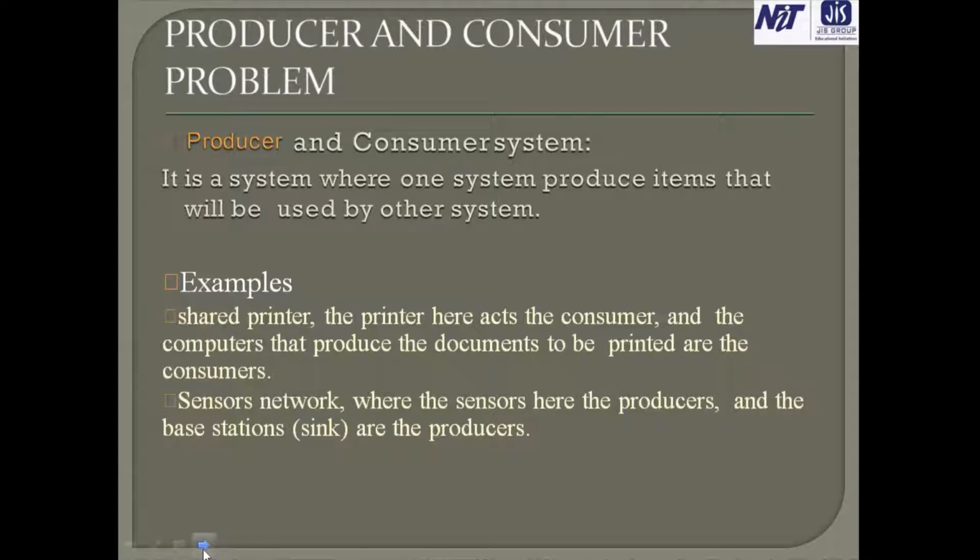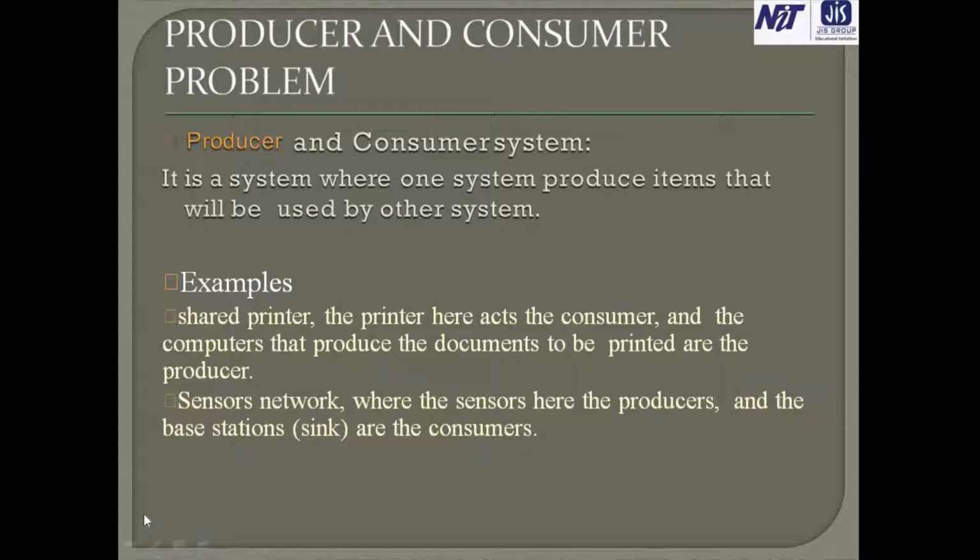The producer consumer system is a system where one system produces an item and another system uses it.